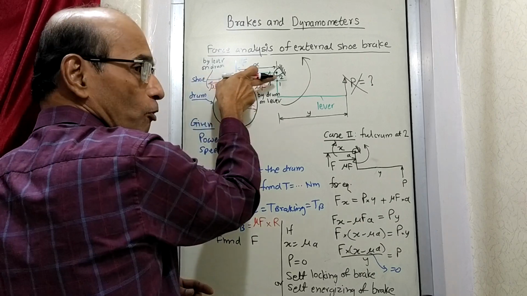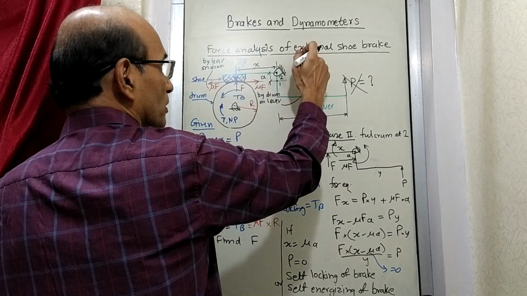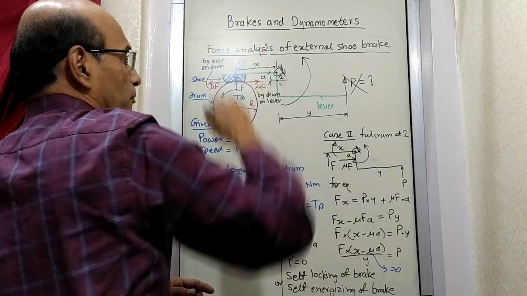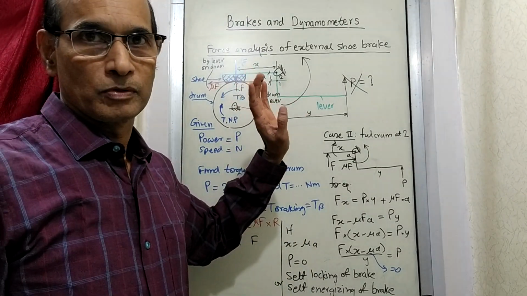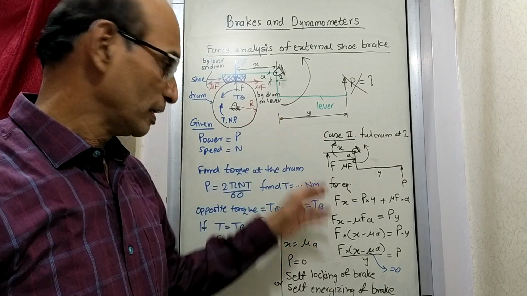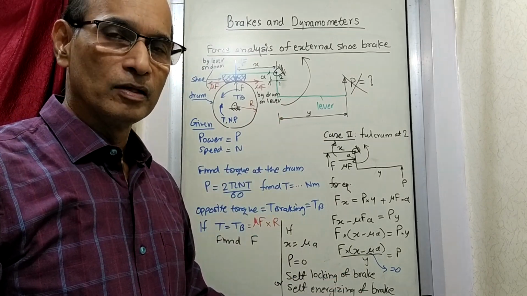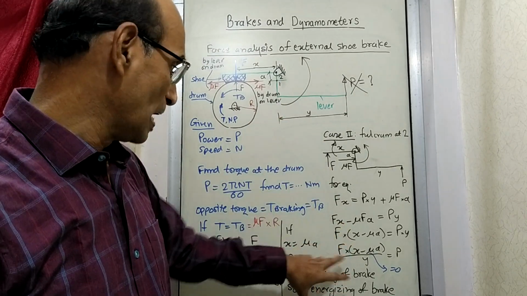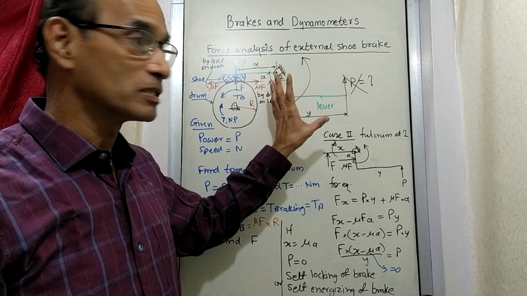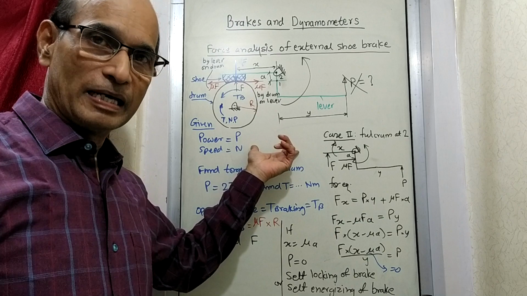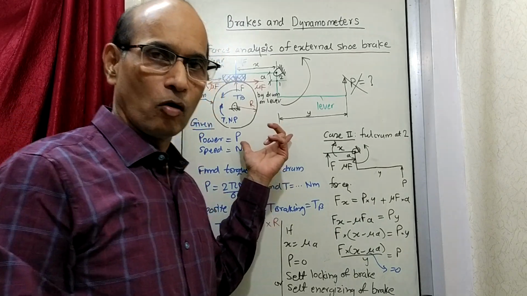This mu F itself is providing so much moment that the brake is applied. So on its own it is working, that is called self-locking of a brake. In certain situations, if the dimensions are such, then you will get the condition of self-locking. That is a special case of applying a brake on its own.